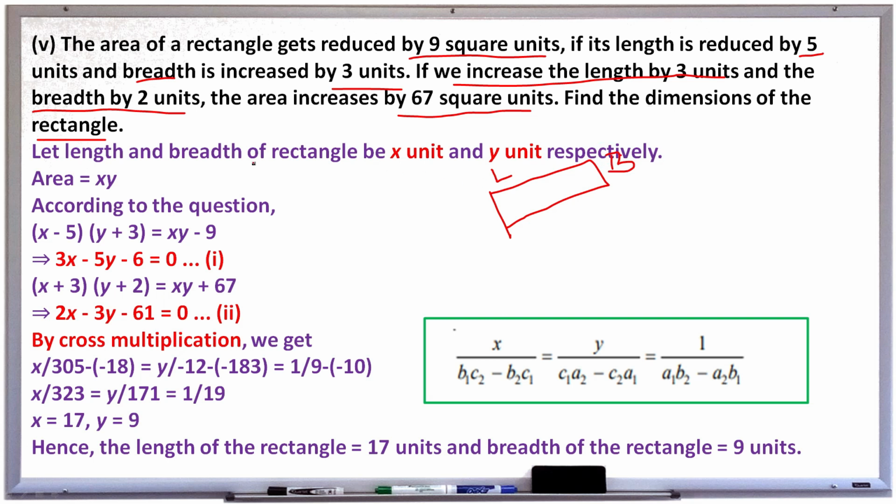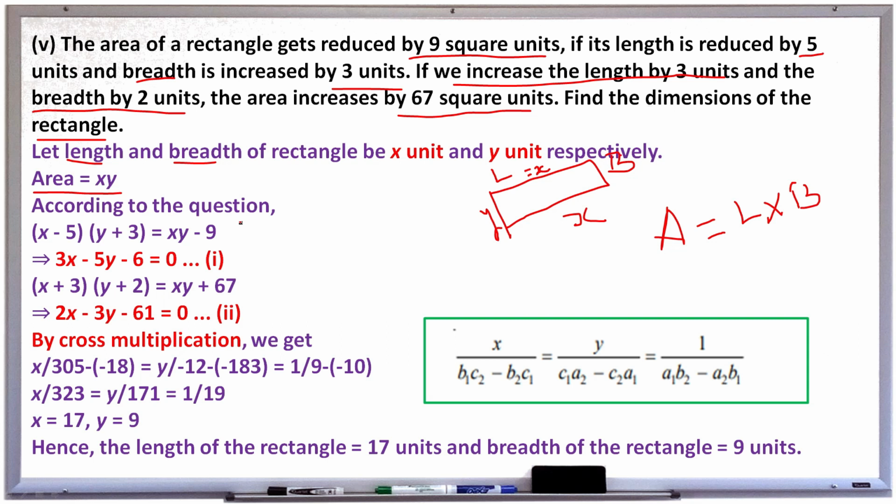Let us take the length, we can keep it as x, and breadth we can keep it as y. So here x, here y. Area we know, area is equal to length into breadth. That means x into y. Area is equal to xy.